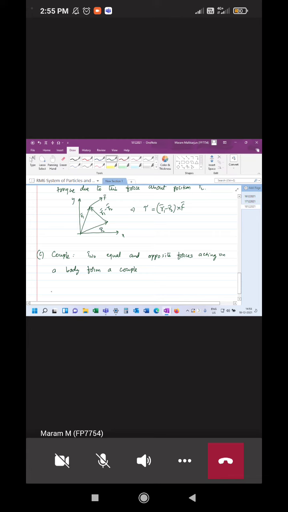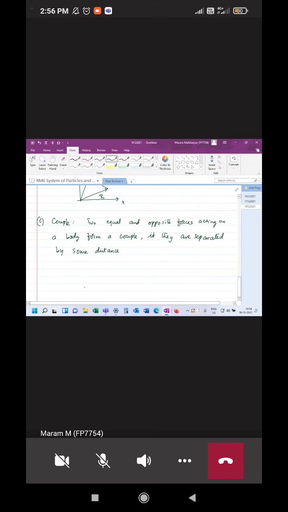Now there should be some distance between the two. If they are separated by some perpendicular distance, or the line of action of force is not the same, what does that mean?